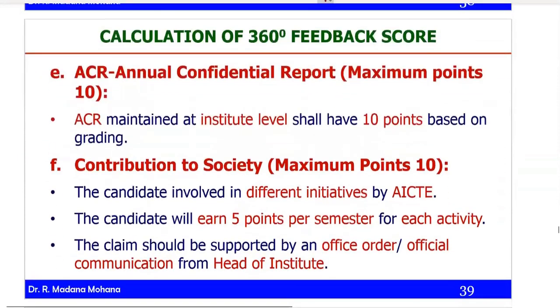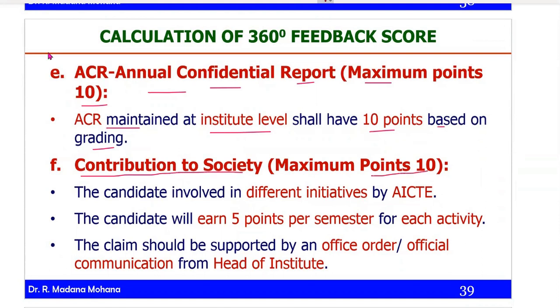The next parameter, ACR, annual confidential report, maximum weightage is 10. This can be maintained at institute level and shall have 10 points based on grading. Then the last parameter, contribution to the society, maximum weightage is 10.